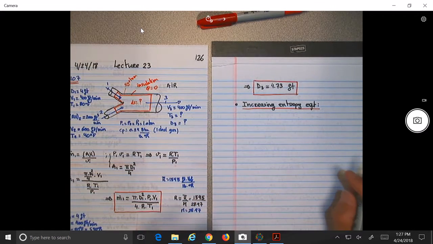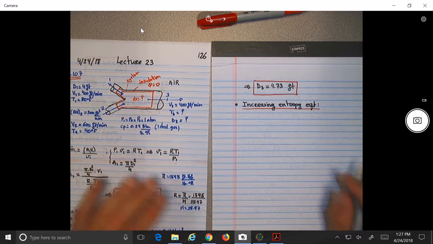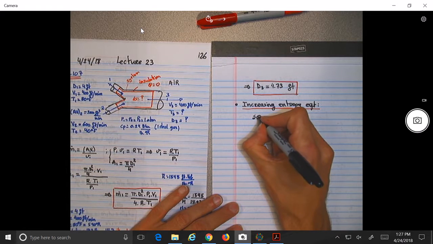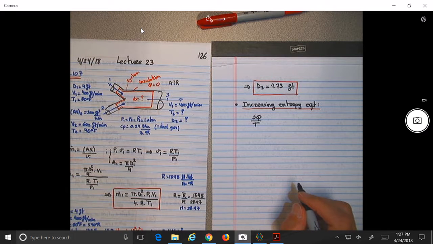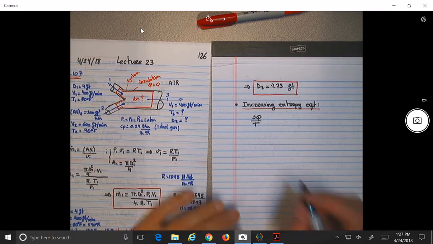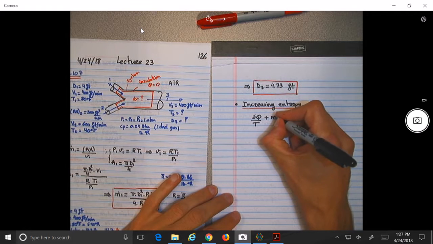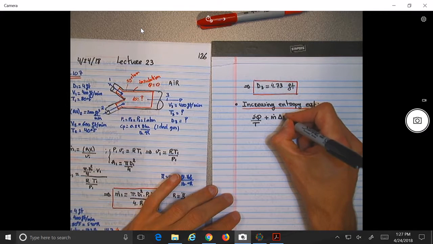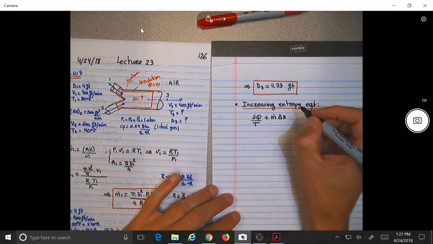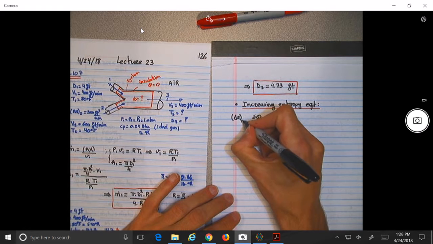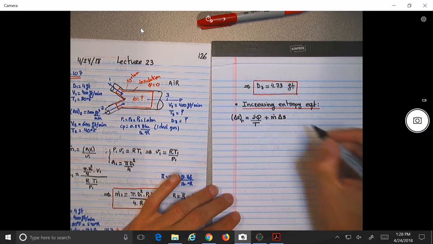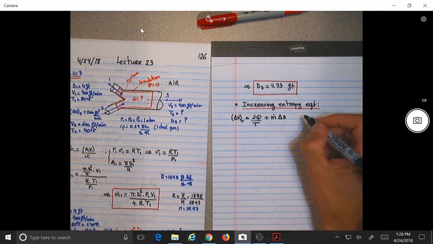If you remember, there is the change of entropy with the environment, which will be the delta Q over T, plus the total change of entropy of the system, no?